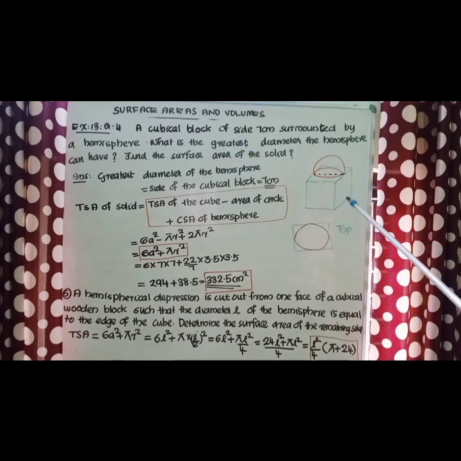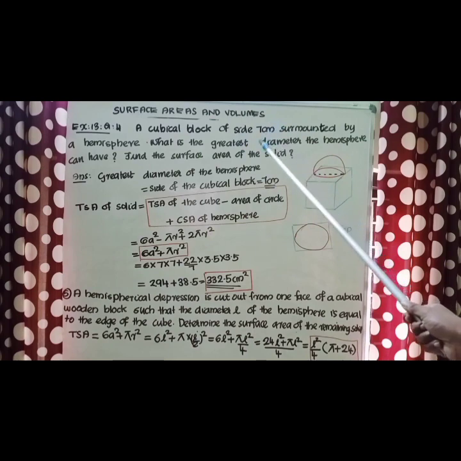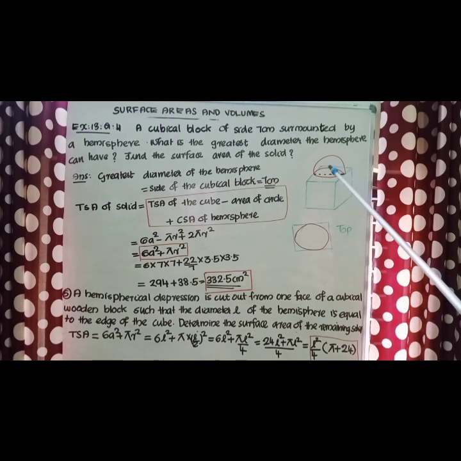So here I have drawn the figure. There is a cubical block and a hemisphere is surmounted on it. So the first question is, what is the greatest diameter the hemisphere can have? You see, this is our hemisphere and this portion is the diameter of the hemisphere.